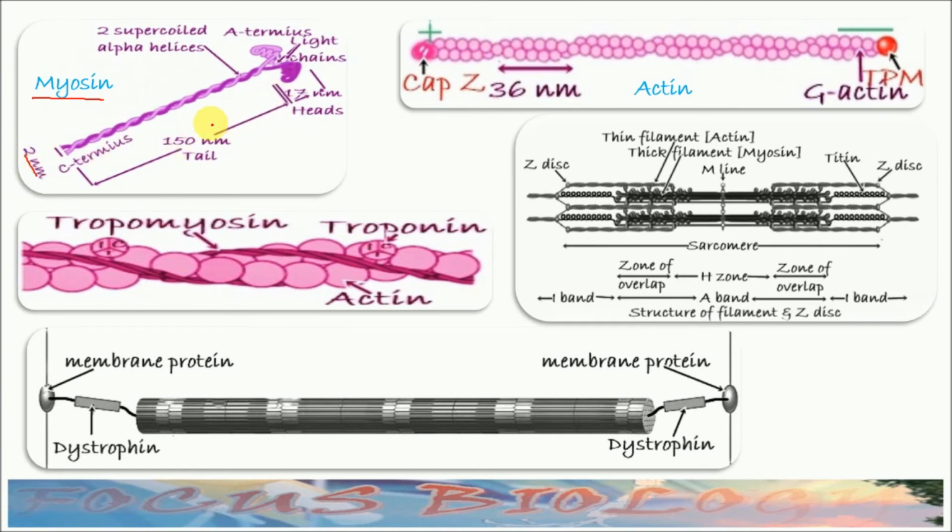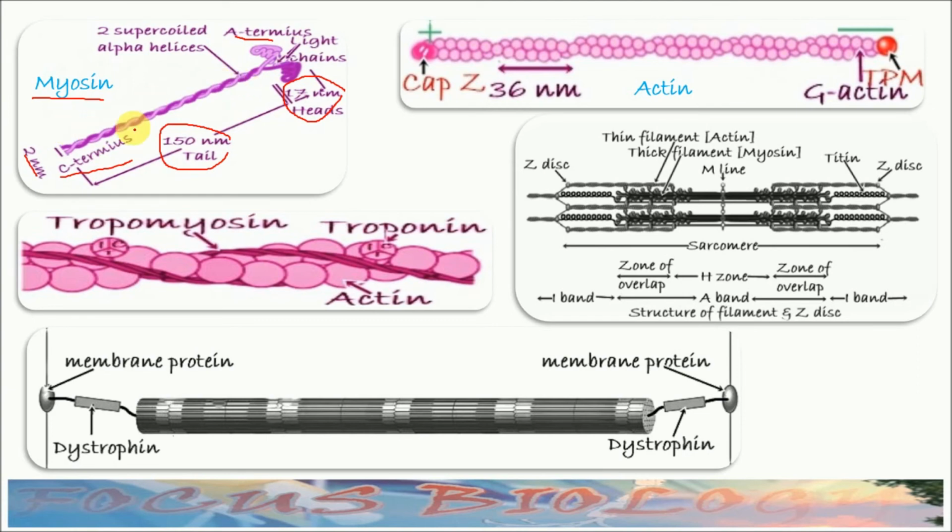The tail, from here to here, is 150 nanometers, and this one is the head region, 17 nanometers. This is the C terminus end and this is the N terminus end. At the N terminus end lie 4 light chains: 1, 2, 3, 4. Four light chains, right?